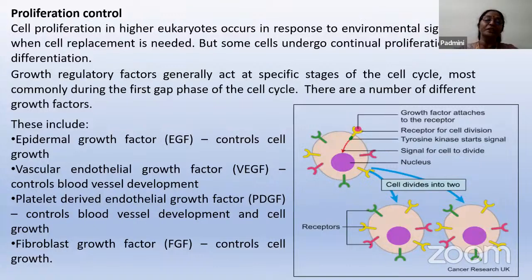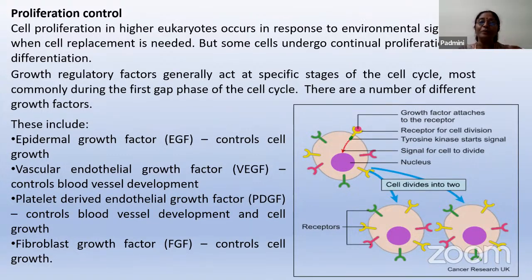Cell proliferation in higher eukaryotes occurs in response to environmental signals or when cell replacement is needed. For example, each and every cell has some number of days to live, and they have to be replaced. A simple example is your RBCs. They have to be replaced every 120 days.